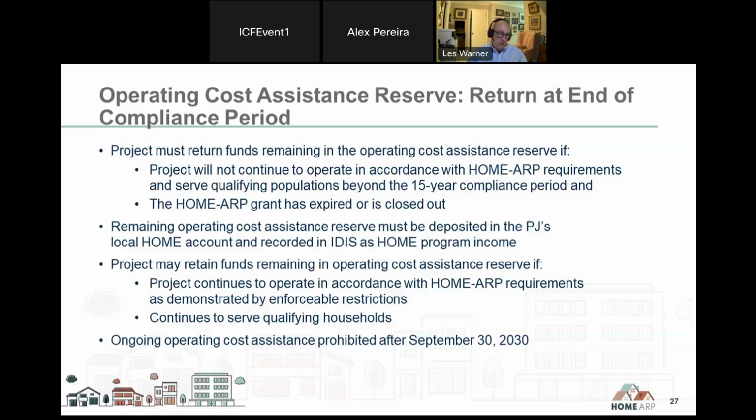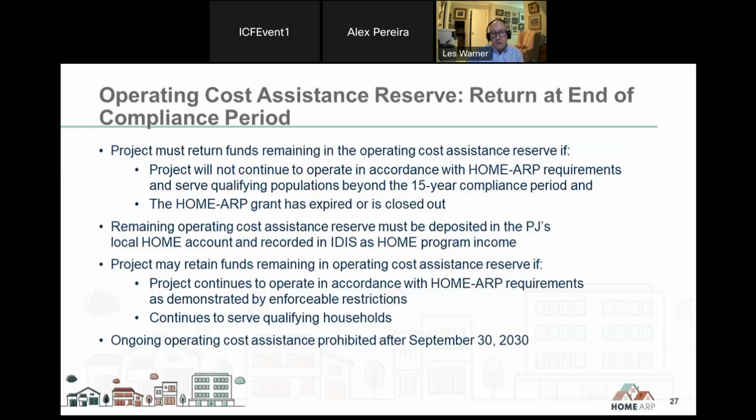And so there would need to be a closeout process for the PJ to determine, yes, we've completed that affordability period, but also we need to look at that operating cost assistance. Are there funds in those reserves? Do they need to be returned as part of that? Is this project going to continue to operate for some period of time? And so could those funds be allowed to remain?